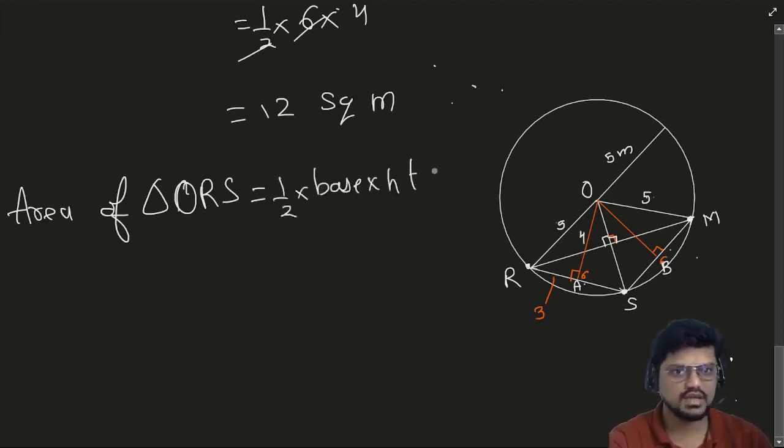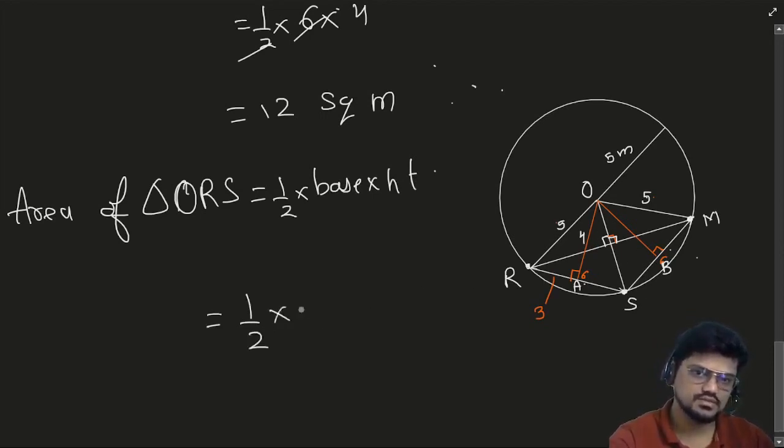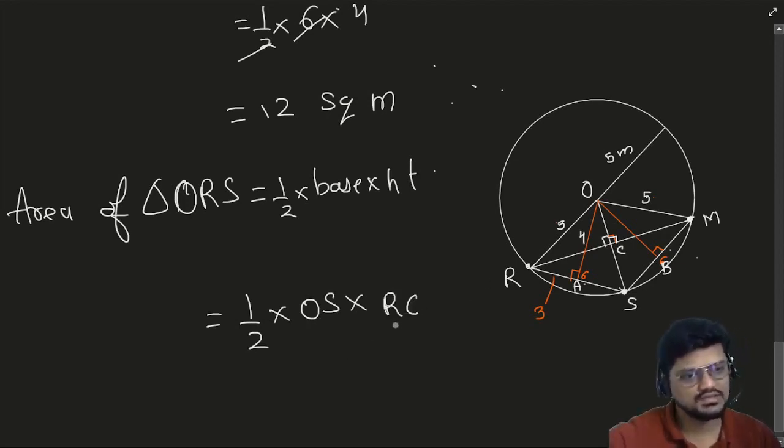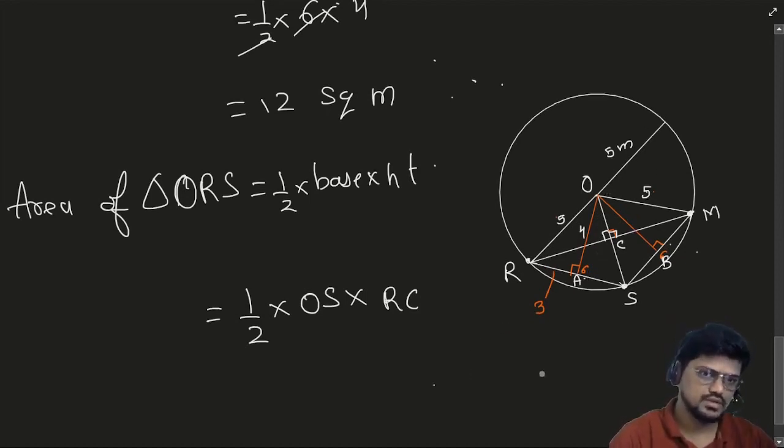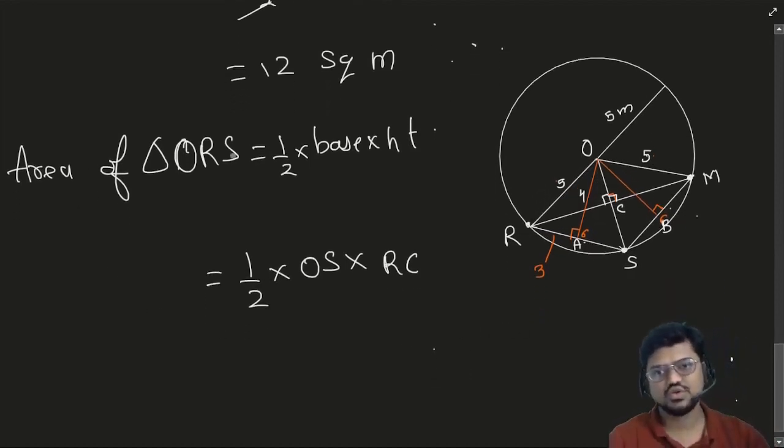Again the same thing, but this time I will change the base. The base can also be OS and the height can be, let's name it over here C. So OS into RC, can I write this? Because this is also perpendicular, no? Yes.